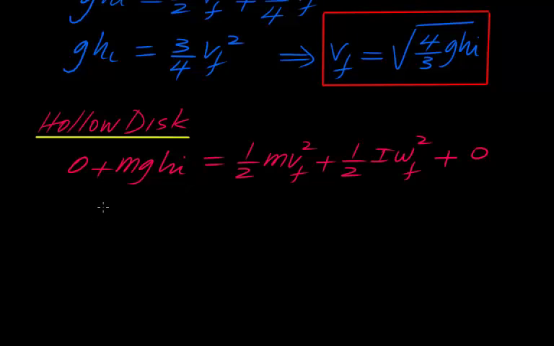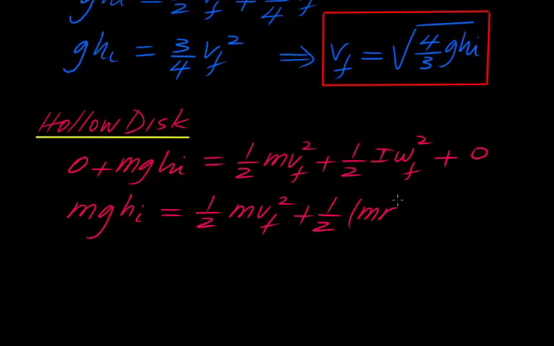Simplifying this equation the same way we did with the solid disk, the left hand side is the same as before, which is mgh initial is going to equal 1/2 mv final squared, which is the translational kinetic energy, plus 1/2 times the moment of inertia for the hollow disk, which is mr squared, times omega final squared, which is equal to v final squared over r squared.